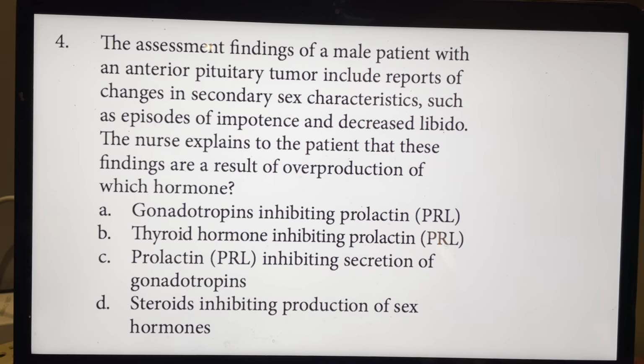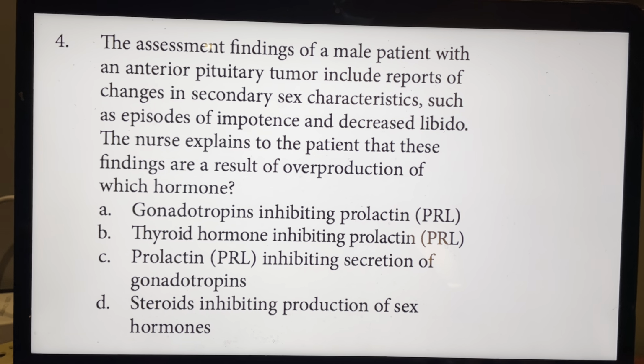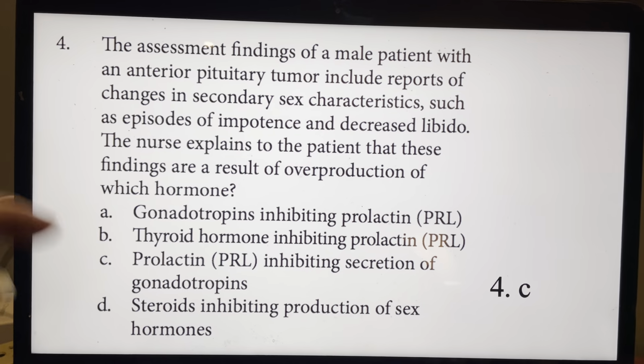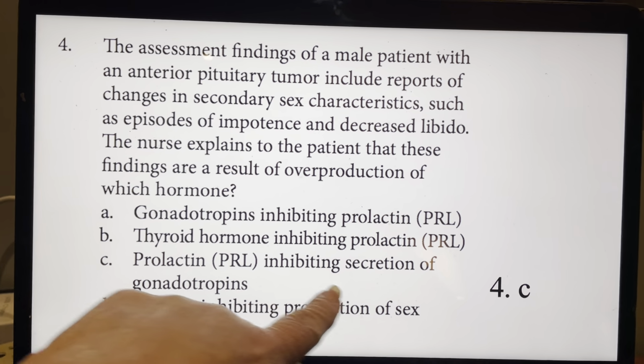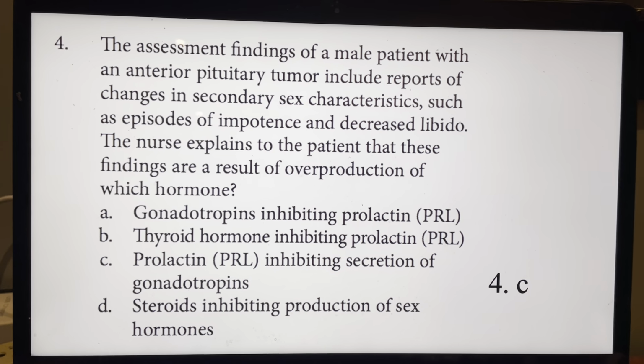Gonadotropin inhibiting prolactin, thyroid hormone inhibiting prolactin, prolactin inhibiting secretion of gonadotropins, or steroids inhibiting production of your sex hormones. And look, if you're going to get it wrong, this is where you want to get it wrong, because you're sure going to know after this. 3, 2, 1. C. Prolactin inhibiting secretions of gonadotropins.